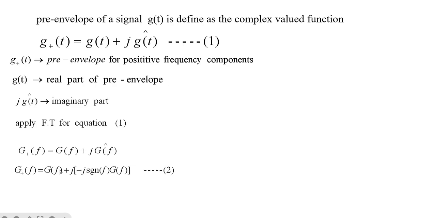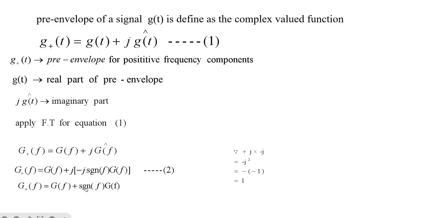Now we will simplify this part of the equation, that is plus j into minus j. When you multiply plus j into minus, it is minus, and j into j is j square, and j square value is minus 1. So minus into minus 1 will be plus 1. So this part has become plus 1. So equation 2 will become g plus of f is equal to g of f plus signum function into g of f.